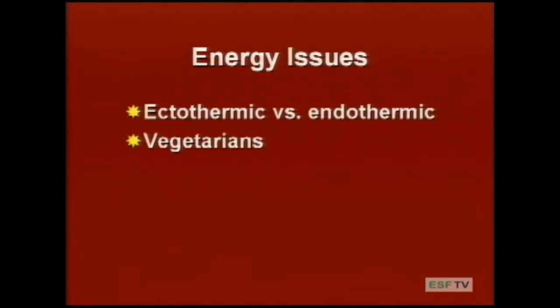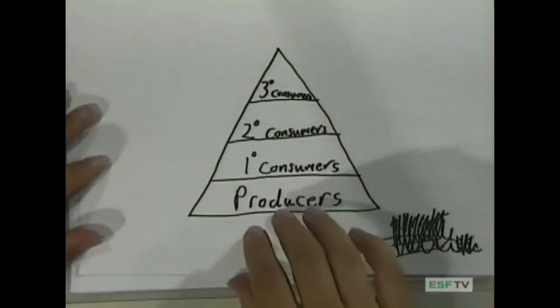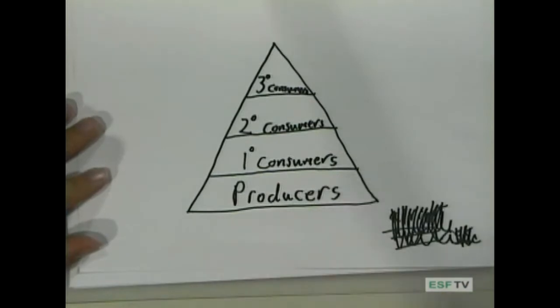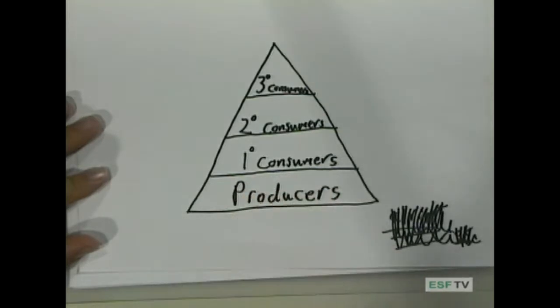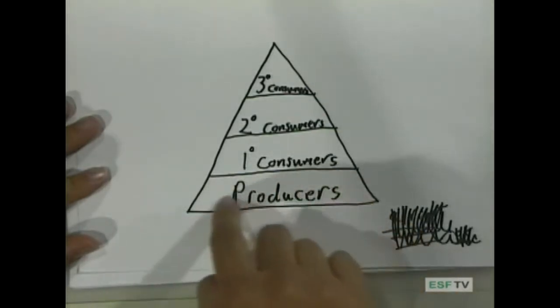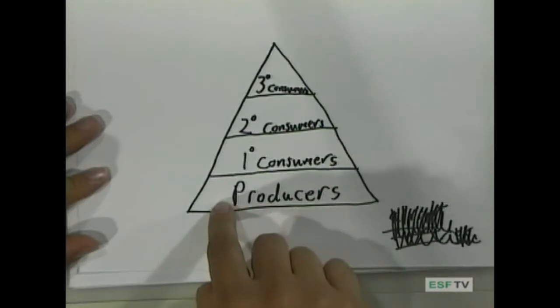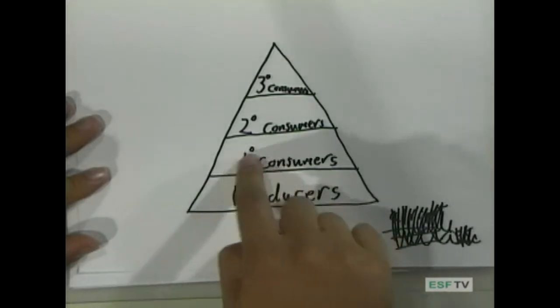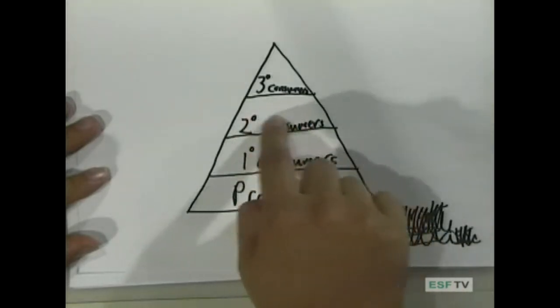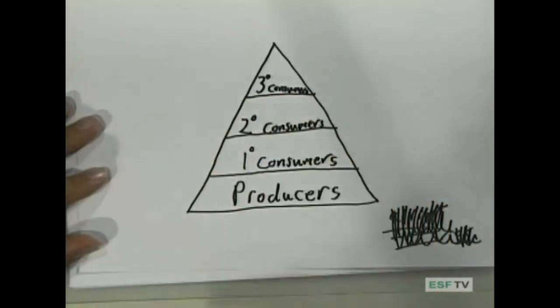So if I put back that original drawing, and we look at it, if you are a vegetarian, you're dining on the producers here. So there's more energy available to you here. You can support more people at this level. If you went one higher, maybe these are cows, now you're operating up here, you support fewer people. So that's a decent argument for being a vegetarian.